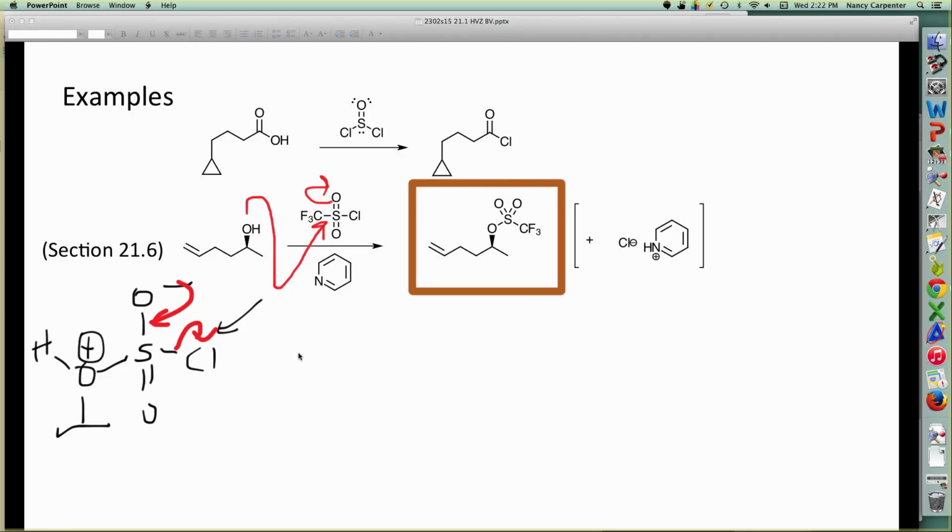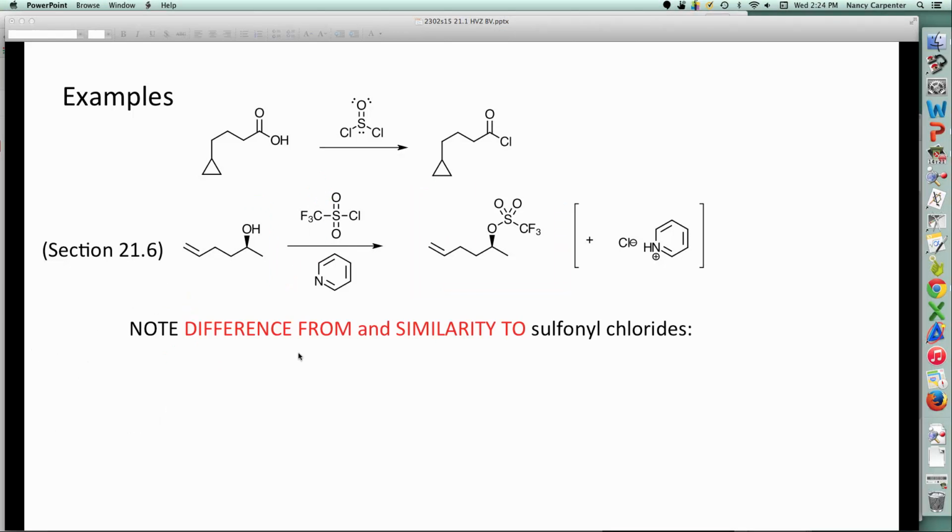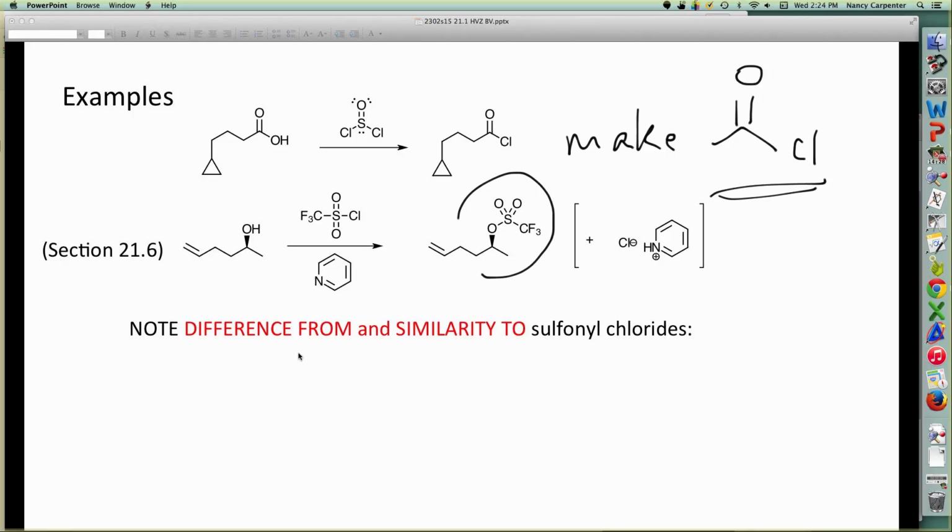So I'm leaving the mechanistic details to you and the textbook, but what I want you to see is that there are some clear similarities and some important differences between the example on the top, where you want to make the acid chloride, and the example on the bottom, where you are stopping at this sulfonate ester stage.